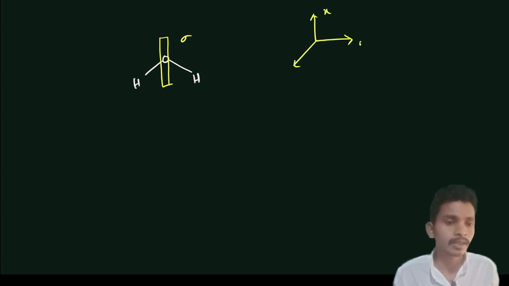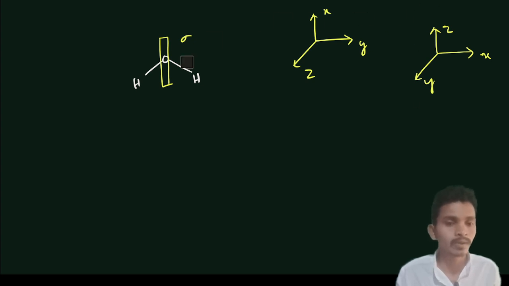Here I am taking x and y. We can take any direction because all are the same. Any axis we can take, and the name will come according to that. So I am taking x, y and z. According to that my plane name will come.